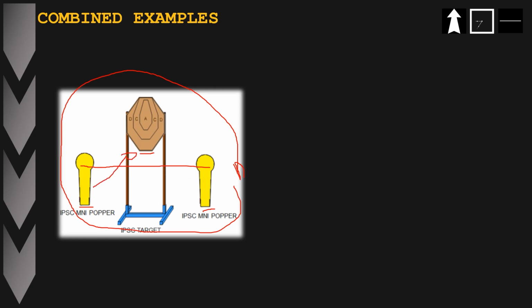So the approach to engaging this type of target array is, first we will shoot the right popper, we will transition to the left, shoot the left popper, and then move upwards, acquire our acceptable sight picture on the real target area, fire off 2 shots, and this is how we engage a target array as this one.